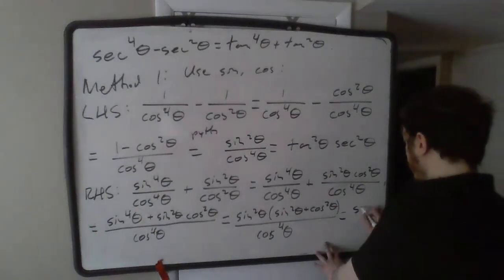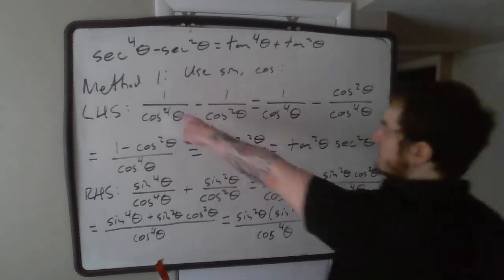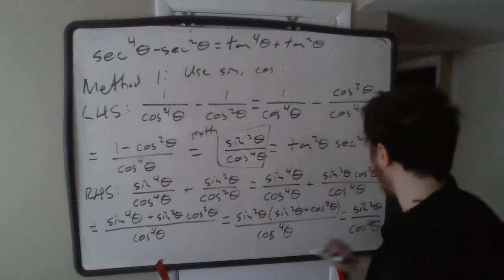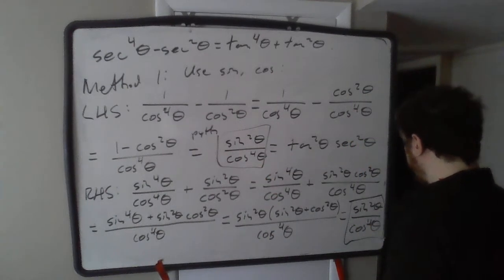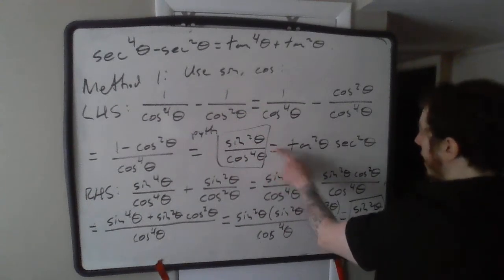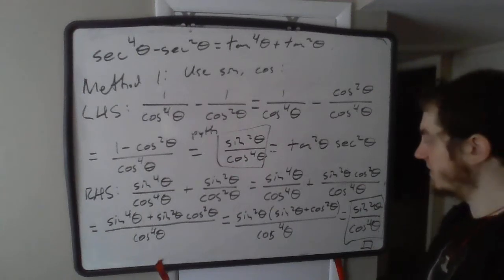So this becomes sine squared theta divided by cosine to the 4th theta. But now I claim that I am done because the left-hand side also simplified to sine squared theta over cosine to the 4th theta. So it turned out that rewriting this in terms of tangents and secants wasn't entirely necessary.